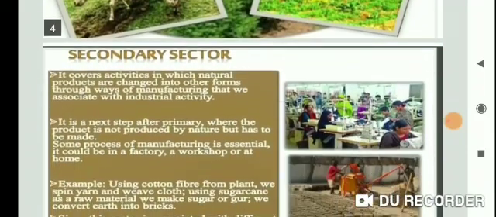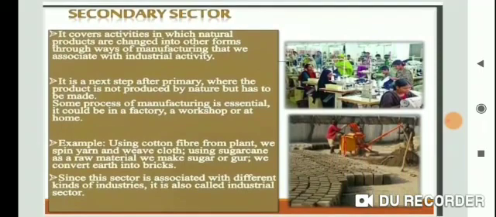Now next, the secondary sector. Students, in very simple words, the secondary sector changes natural products into other forms through manufacturing. Secondary activities add value to natural resources by transforming raw material into valuable finished products.